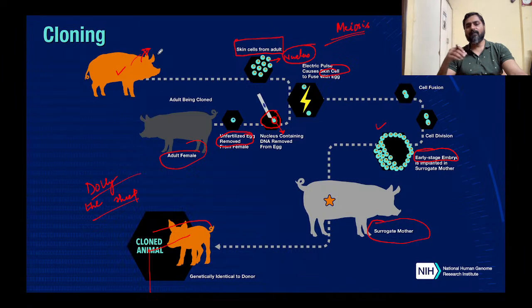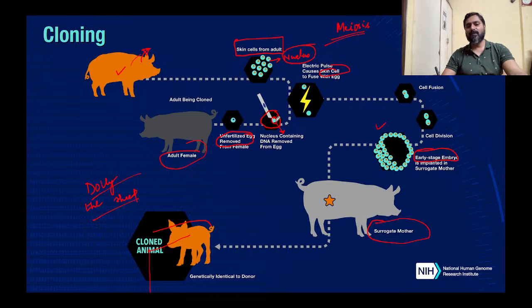From that we are extracting the nucleus. Every body cell contains the same genetic information, so they all have 46 chromosomes. Because they have 46 chromosomes, when we want to make a clone, we take the somatic cell, which has those 46 chromosomes, and transfer it to an egg cell.